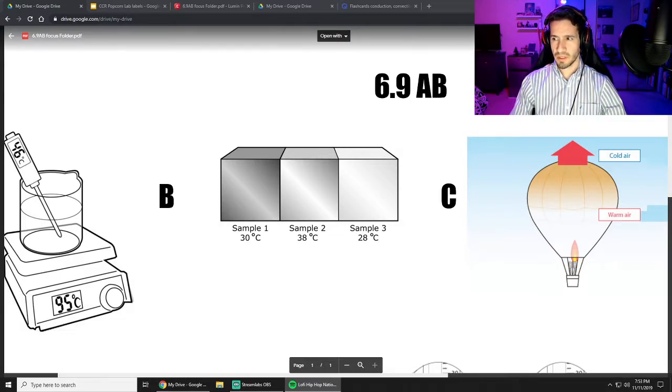Taking too much time on this one. There we go. Okay, guys.